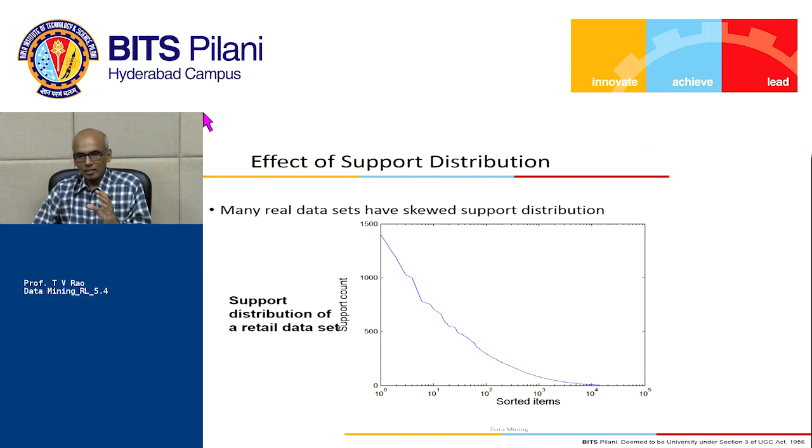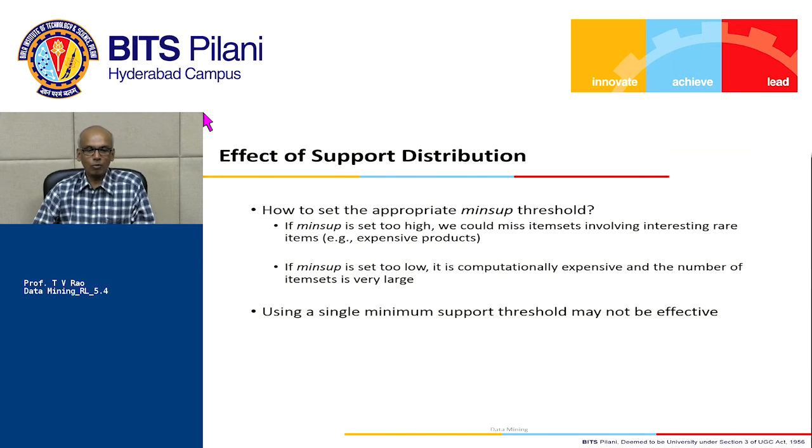But they want to know, even for the other products for which there is not sufficient support, if there is any pattern with respect to the buying habits of those items. For that reason, they do not like to have a uniform minimum support. And there are more reasons: generally, expensive products are sold less frequently than inexpensive products.